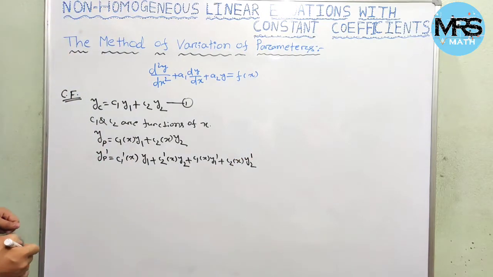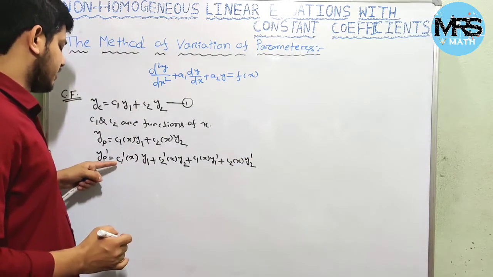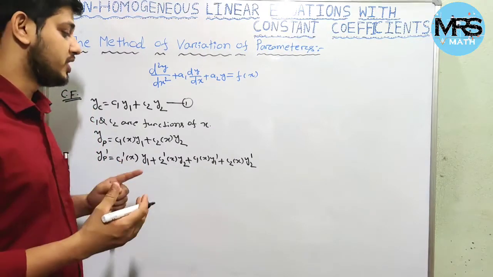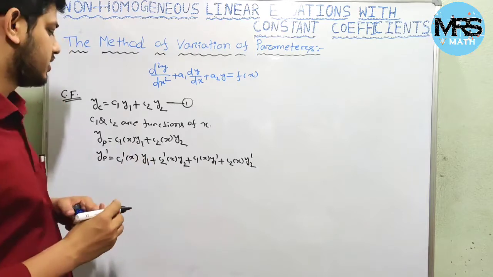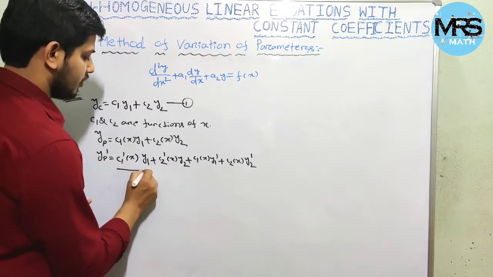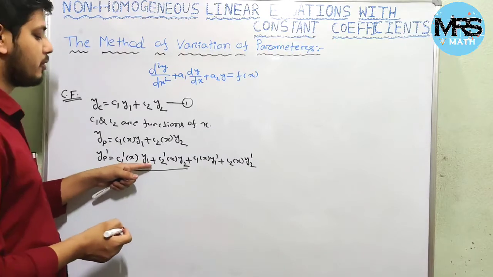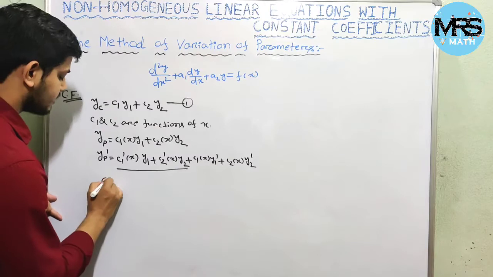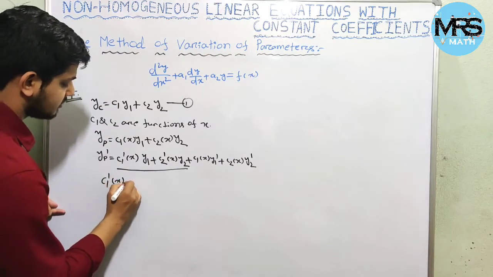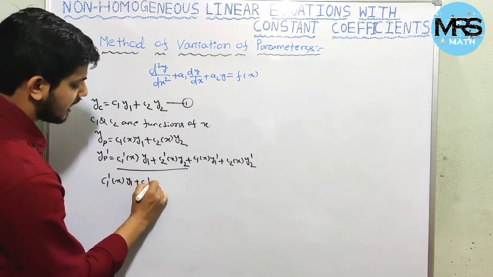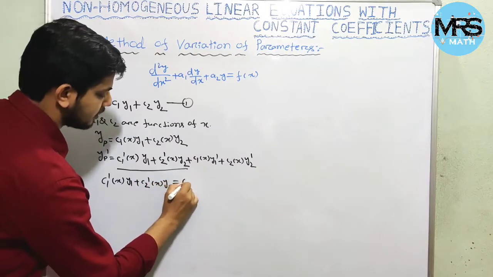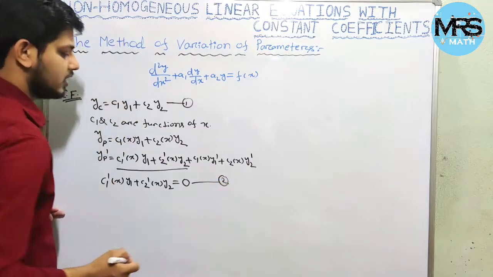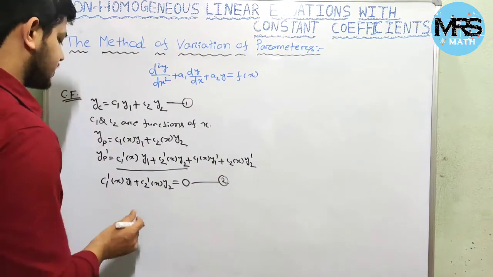If we assume that the first terms vanish, as when c1 and c2 are constants, then c1 dash of x y1 plus c2 dash of x y2 is equal to 0, right? We have to assume this.